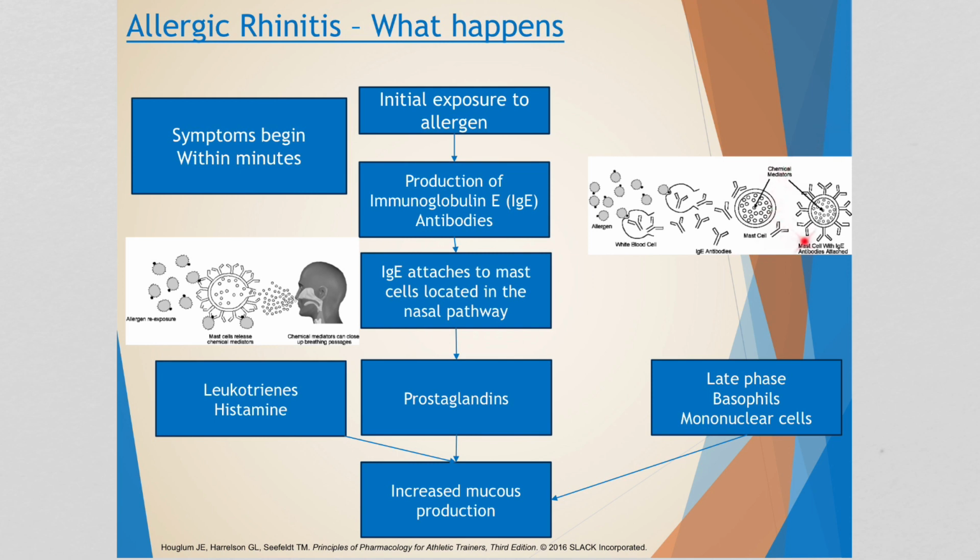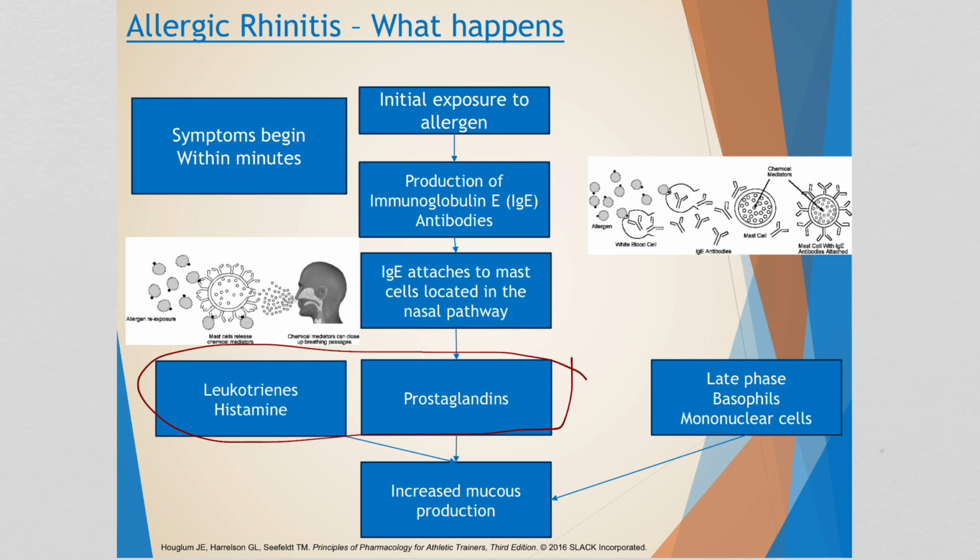We have IgE now attaching to mast cells, and that stimulates the mast cells to do what? What do you think? Release inflammatory mediators. Now, the most common inflammatory mediators that are going to be released are right here: your leukotrienes, your histamines, your prostaglandins. Most of the research says that most allergic rhinitis episodes are histaminic driven in nature. So it's usually the histamine that's going to be causing most of the signs and symptoms.